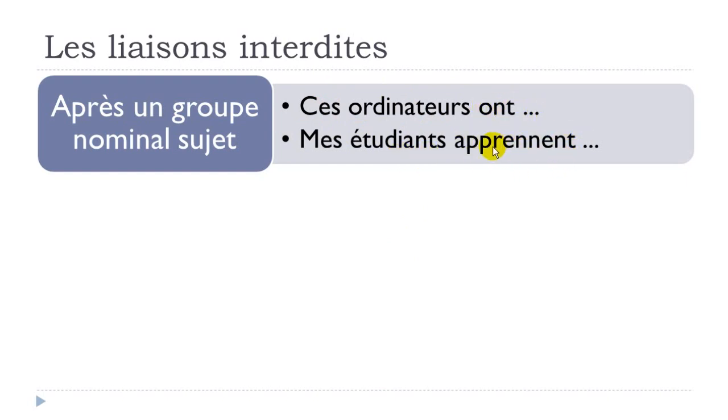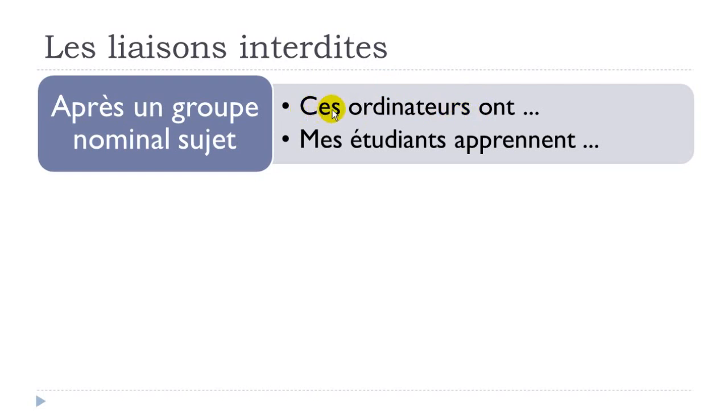The idea is that if you've got a subject like that, it's what we call un groupe nominal. So in that case, it's not a first name, or the pronoun je, tu, il, etc. But it's a word or a group of words. And in that case, you don't make a liaison after this groupe nominal.